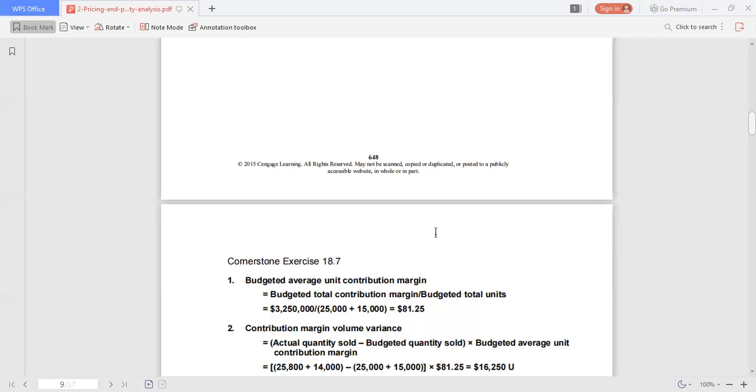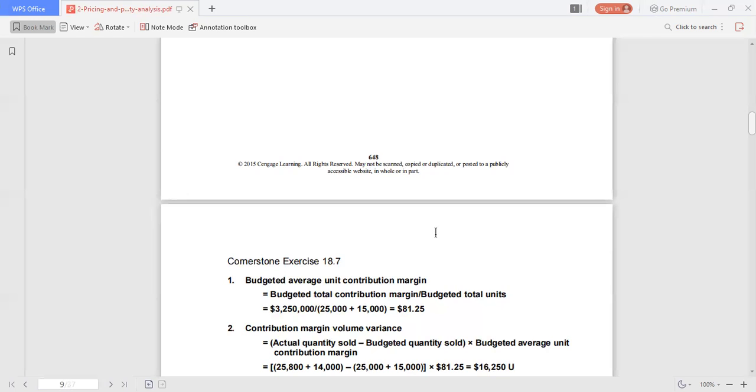Now, for the contribution margin volume variance, we now have the actual quantity sold. So, what is the actual quantity sold? It's given in your actual amounts. For toaster oven, you have 25,800.